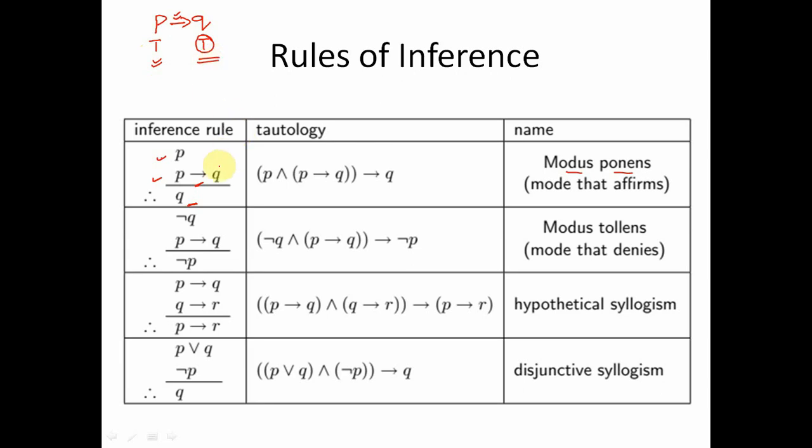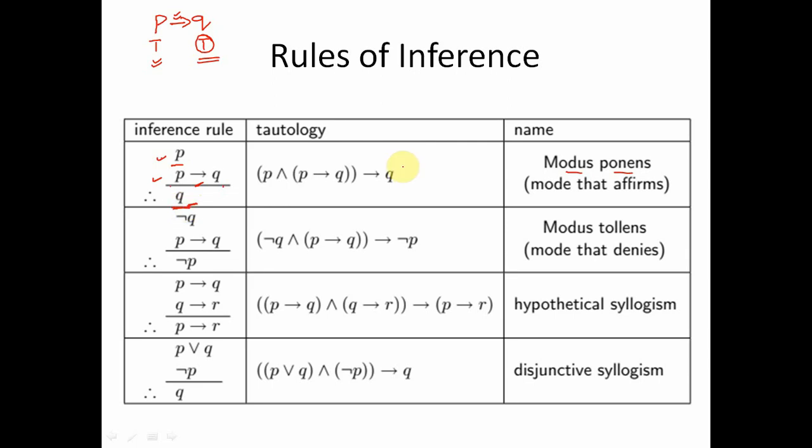So this is a pre-proven result. This is the modus ponens. The modus ponens says if the proposition P is true and the proposition P implies Q is true, then we can conclude Q. We'll see them in a little bit more detail.